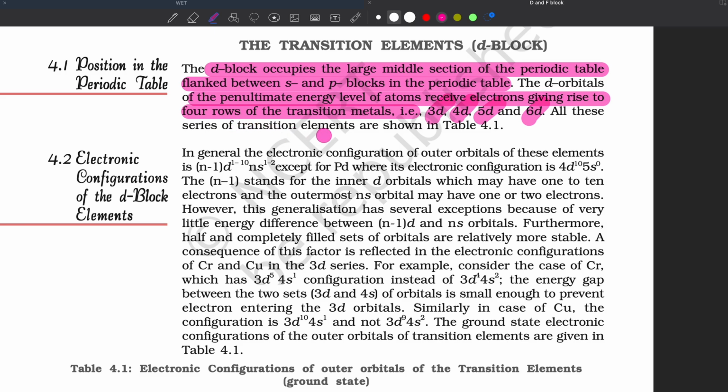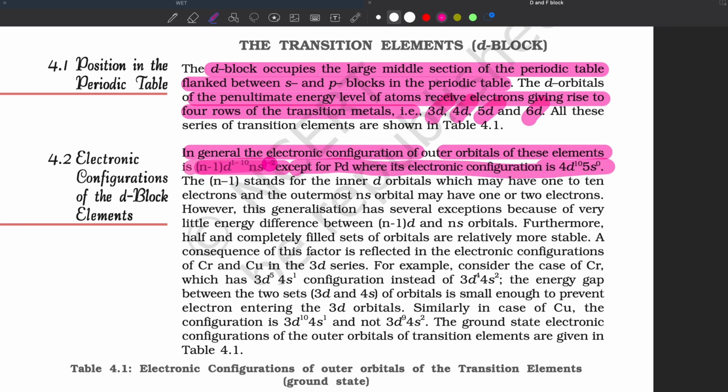All these transition elements are shown here. Look at the general electron configuration: the general electronic configuration of outer orbitals of these elements is written as (n-1)d1 to 10, ns1 to 2, except for palladium, where the electronic configuration is 4d10 5s0.